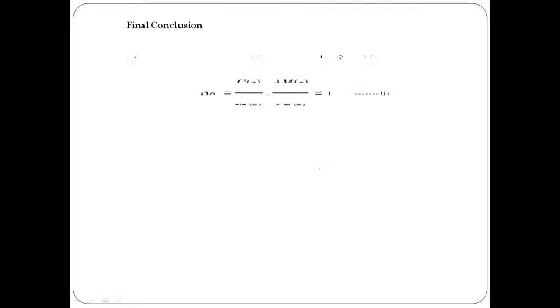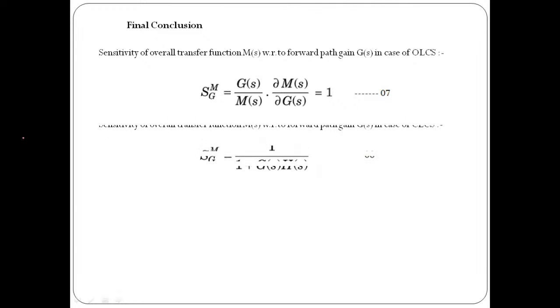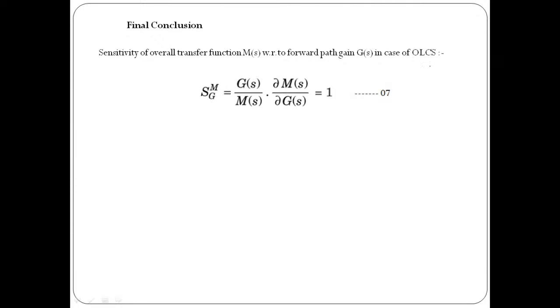So finally we conclude that in case of open loop control system, this is very important. In case of open loop control system, the sensitivity of overall transfer function with respect to change in forward path gain is nothing but 1. See, the value of S_G^M is going to be 1.